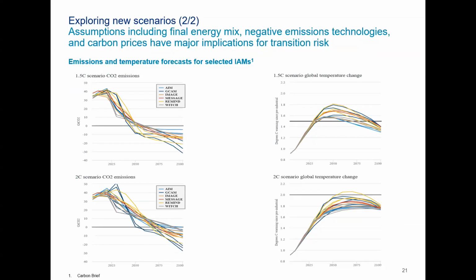So until we can grasp these differences and understand the nuance of what role these different drivers play, it becomes a challenge to really recognize how this scenario is particularly distinct from another one.